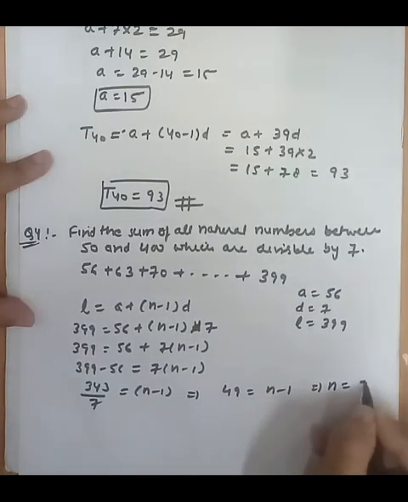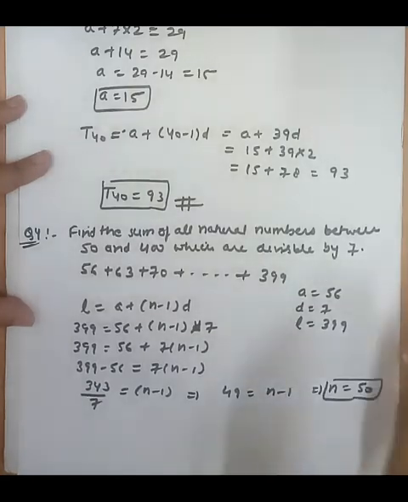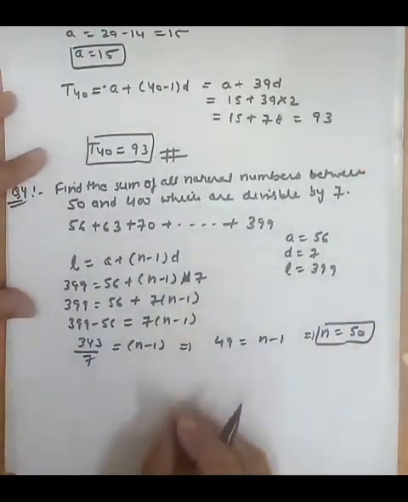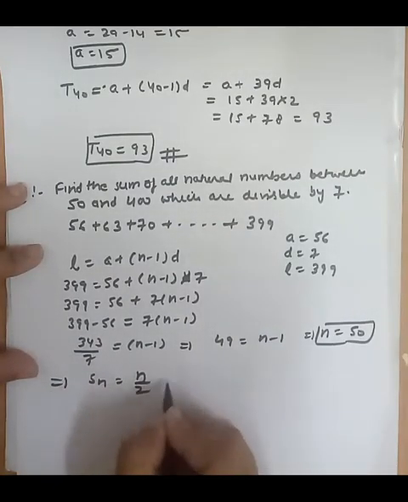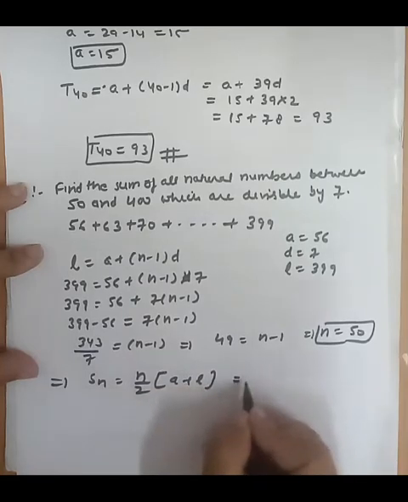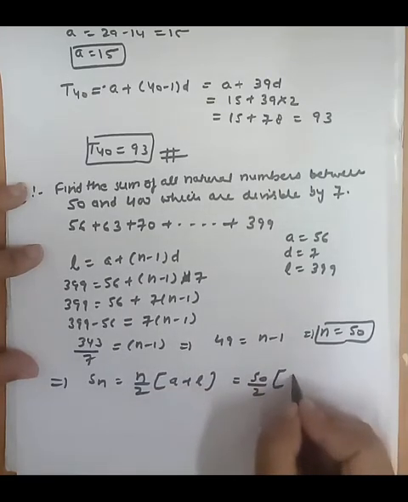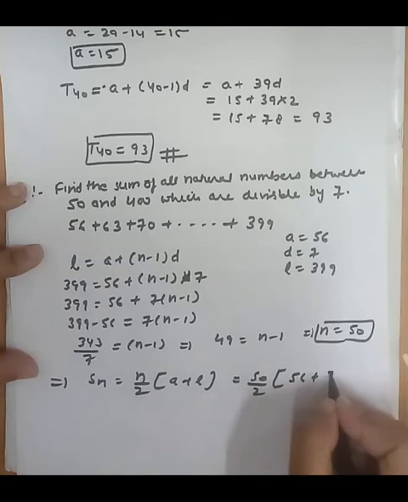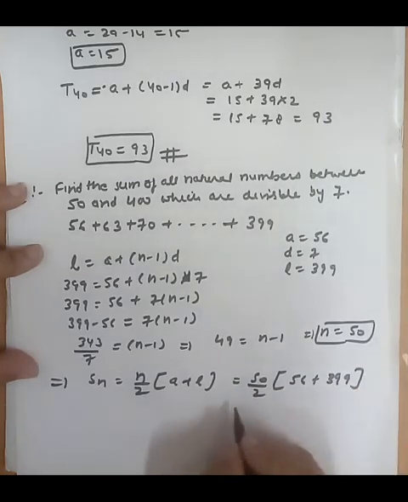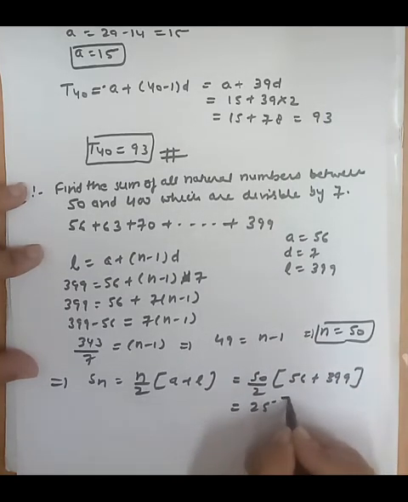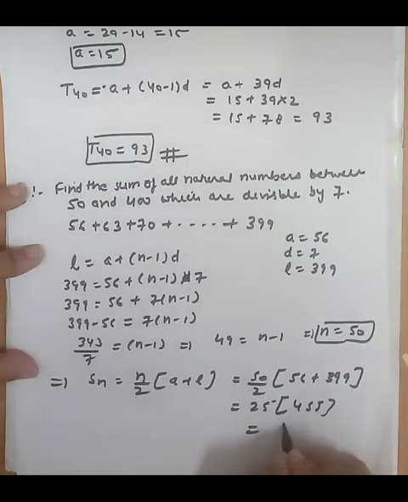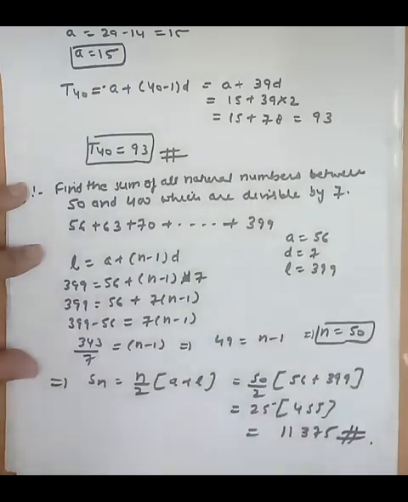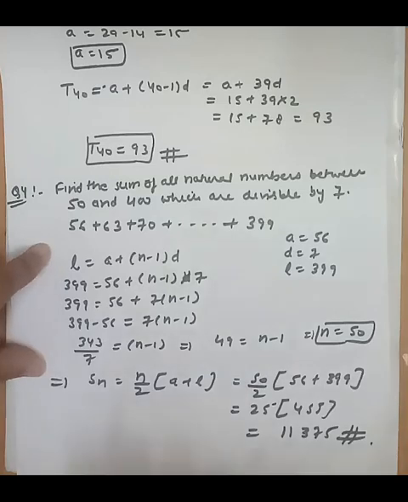So we get n equal to 50. Now find the sum of all the natural numbers. So we know the formula. Okay, so this is the answer of this question.